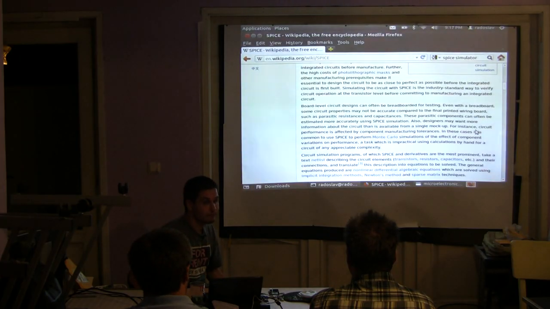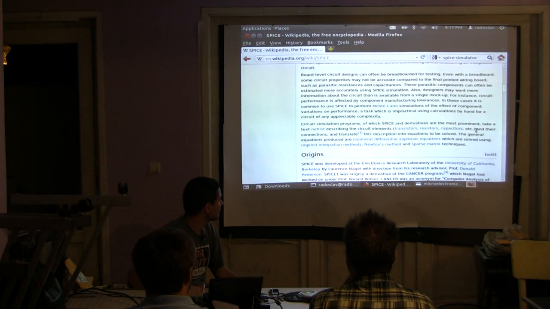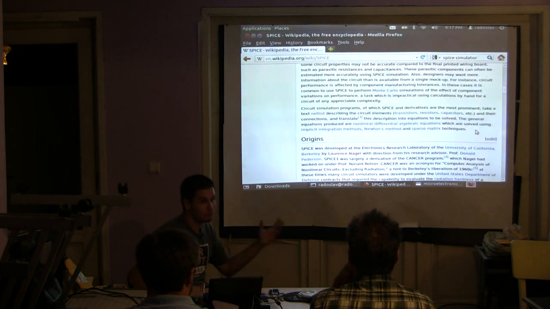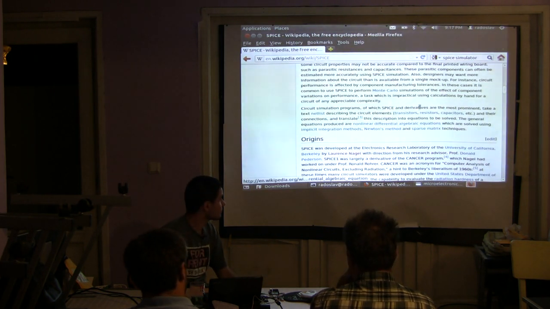It uses standard models for transistors and diodes and resistors and so on.